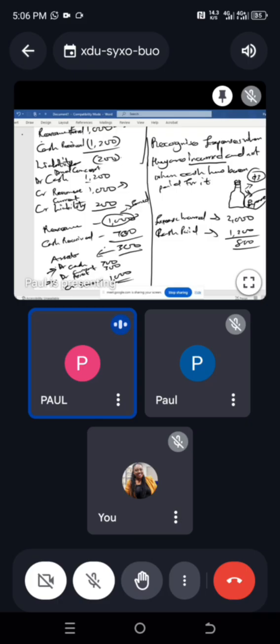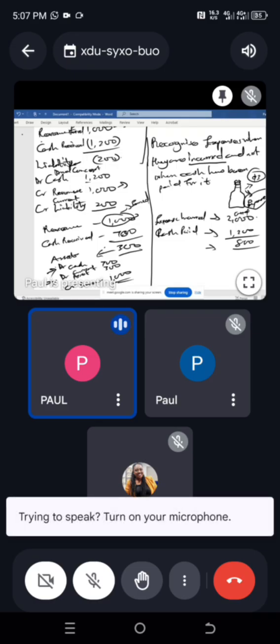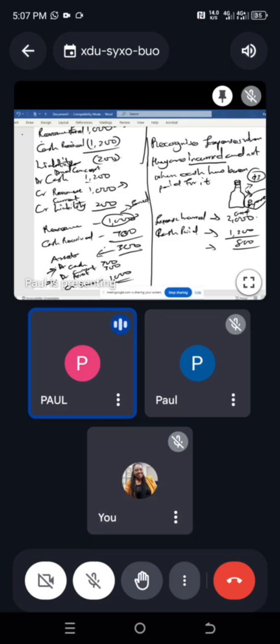You were supposed to pay 2,000, but you paid 1,200 for an expense, electricity. What does the difference mean? I'm saying that you were supposed to pay electricity expense of 2K. That's 2,000 Ghana cedis. But you paid 1,200. And you will know that there will be a difference of 800. What does the difference mean?